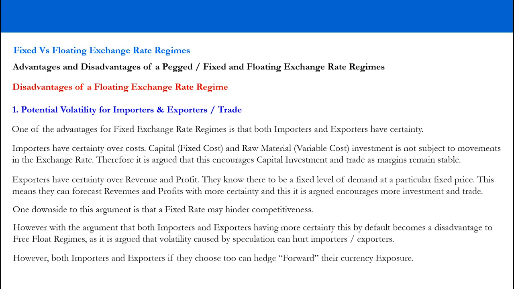When you get certainty in both of these cases for importers and exporters, it can decrease competition in the industrial sectors or the service sectors that they are actually in. So, for example, let's say you're an importer and you have fixed capital costs at a fixed exchange rate, and your raw material costs are fixed, and you make a fixed margin, and everything is very sustainable and very predictable because the exchange rate is fixed.